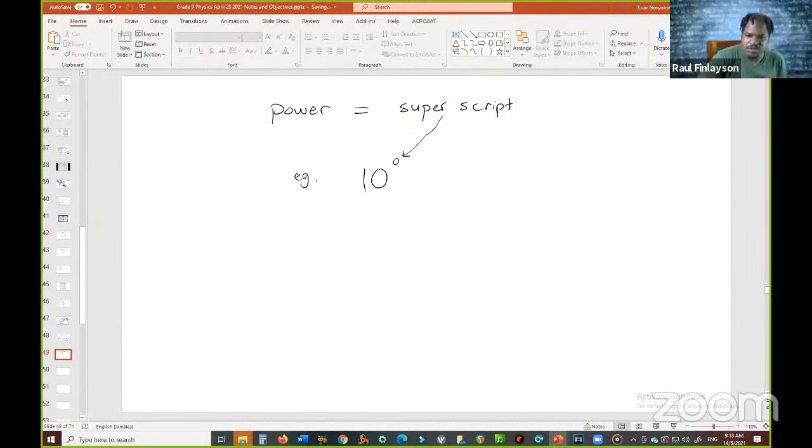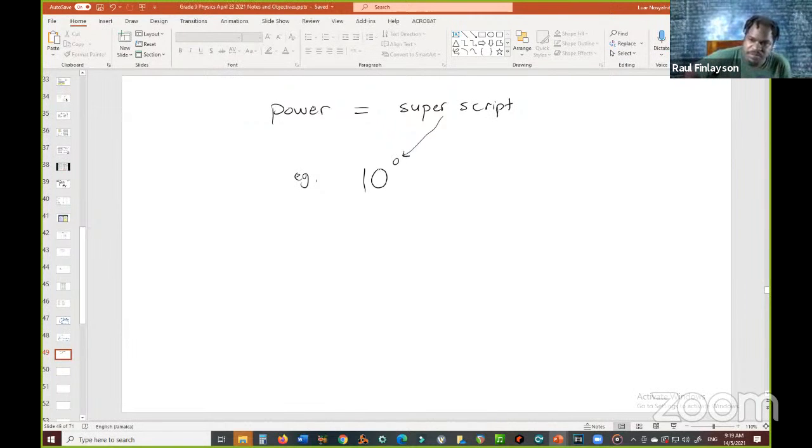Let me just say this again: a 10 that has no power is 1. Why? Because we also would say that this is actually a kind of log, really.